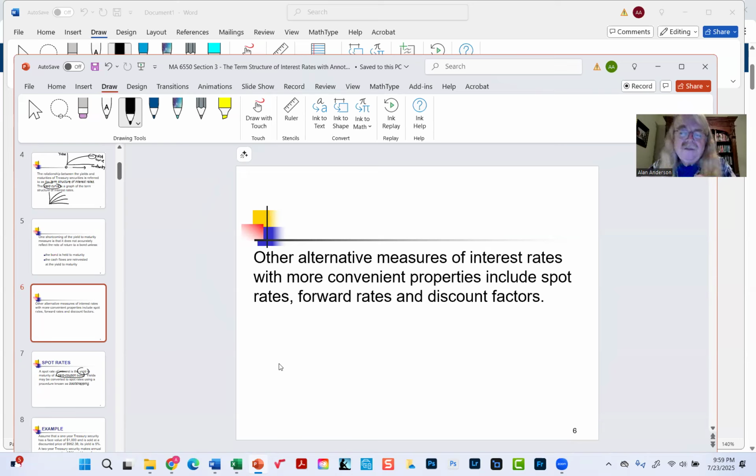And then we'll see at the end, we're going to take a bond and we're going to price it in 4 different ways. We're going to price it with yields, spot rates, forward rates, and discount factors. And we're going to see that all 4 cases give us the exact same market price. They have to, otherwise we're changing the rules here.